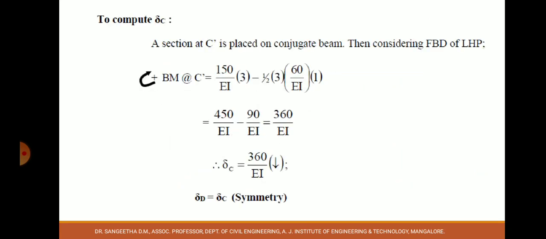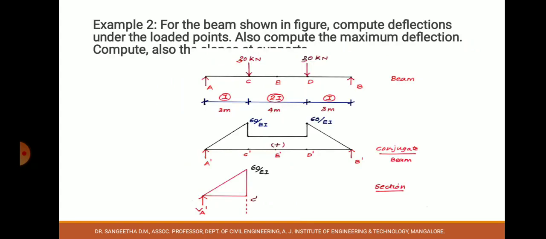Now the bending moment at C dash is 150 by EI, that is the support reaction, into 3 minus the loading. This is the M by EI diagram, half into 3 into 60 by EI into 1 by 3 into 3, the CG distance, 1/3 from the base, 2/3 from the apex.